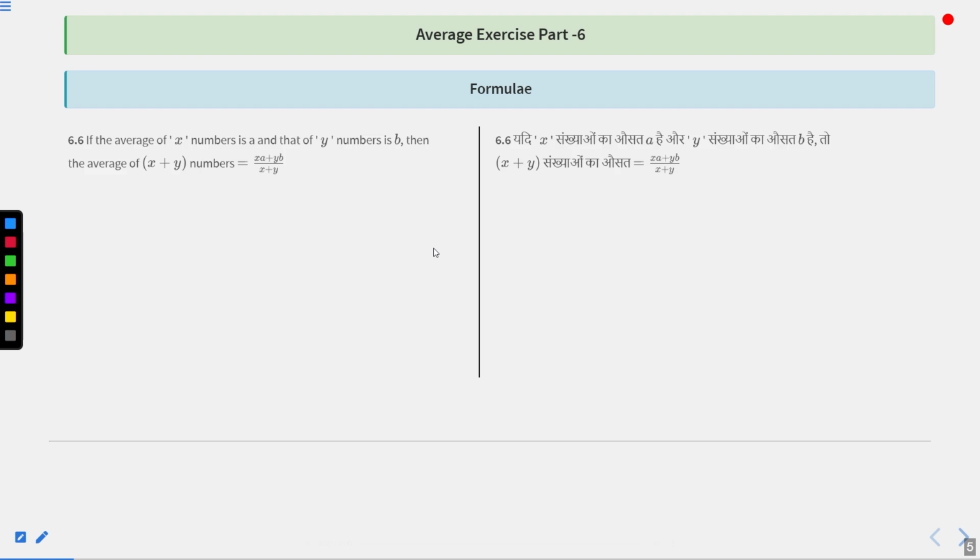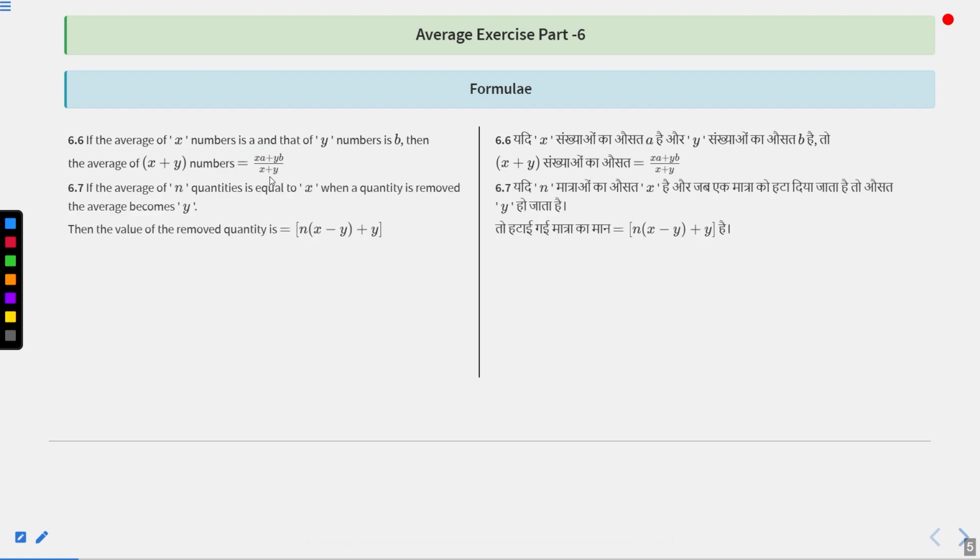Now next, see some formulas. If the average of x numbers is a, and that of y numbers is b, then the average of x plus y numbers will be (x into a plus y into b) upon (x plus y). Next, if the average of n quantities is equal to x, and when a quantity is removed, the average becomes y, then the value of the removed quantity is n multiplied by (x minus y) plus y.